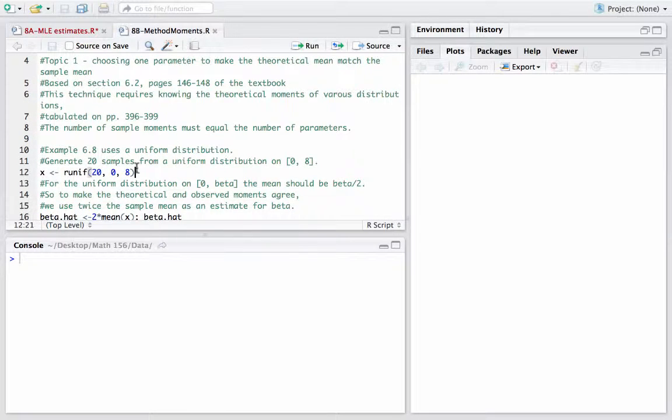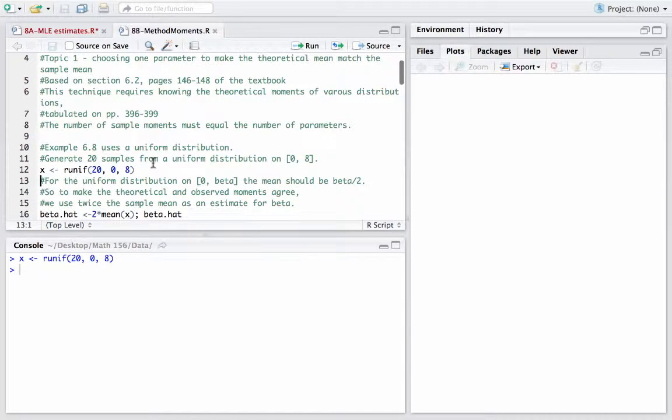Cool, so let's start by generating 20 draws from a uniform distribution on 0, 8. The idea for the method of moments is that we know the moments of different distributions as a function of the parameters, and we can calculate sample moments.